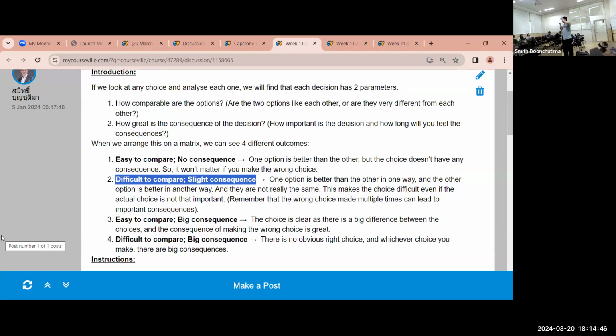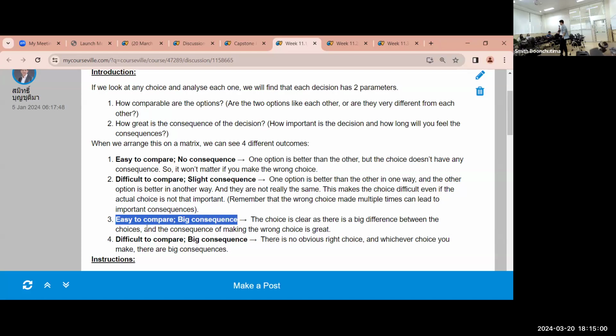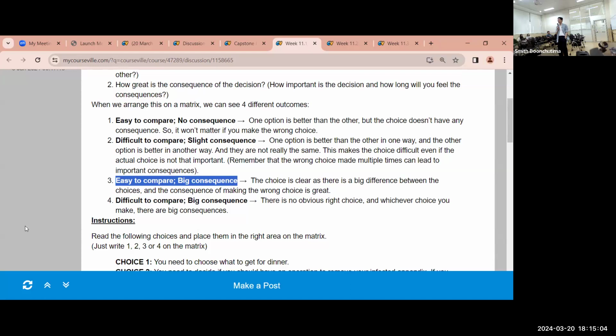So you have to reconsider or think about it. Right, so this is possible. Okay, and what about this one? Easy to compare, but if you make a wrong choice, it will have a big consequence.